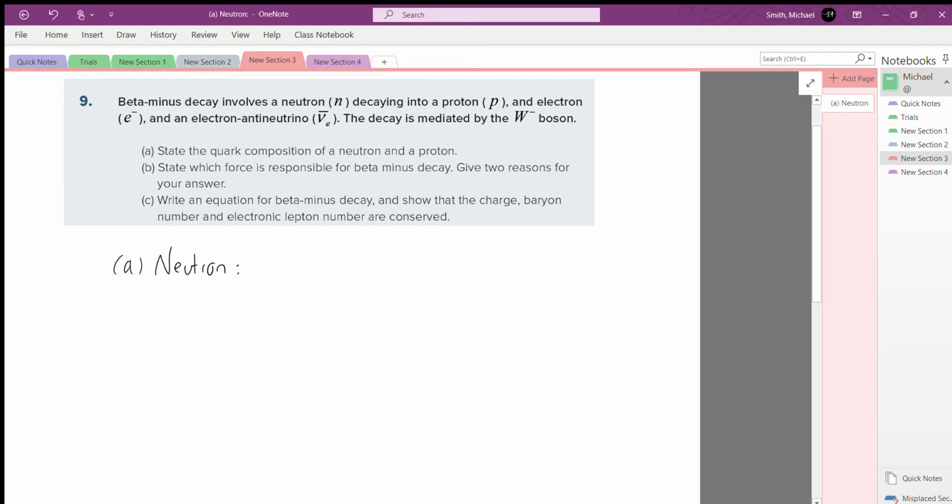So DUD, or we write that as UDD for the core composition of a neutron. Proton, we know that has the same quarks but just different numbers of each, and that is just UUD. Not super exciting, but they're just facts that we need to remember.